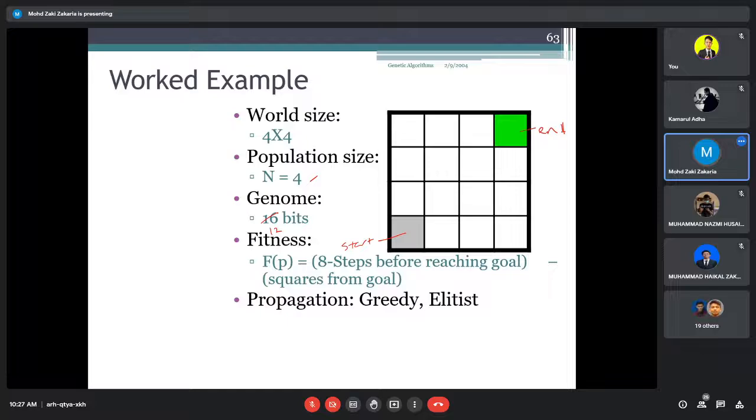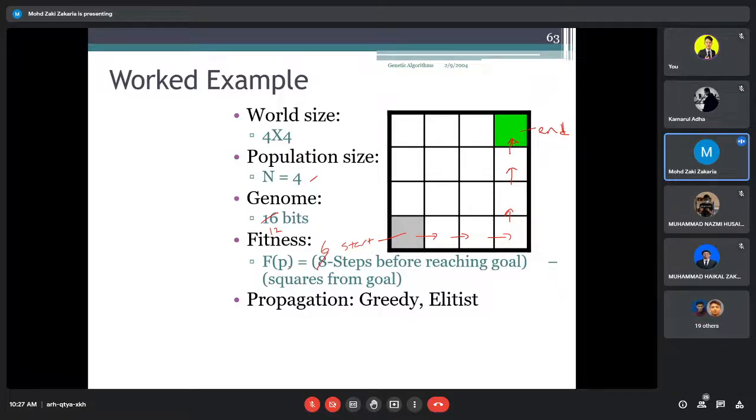The goal end. Okay, then the best movement is 1, 2, 3, 4, 5, and 6, not 8. This is 6 steps, not 8 steps, before reaching the goal.